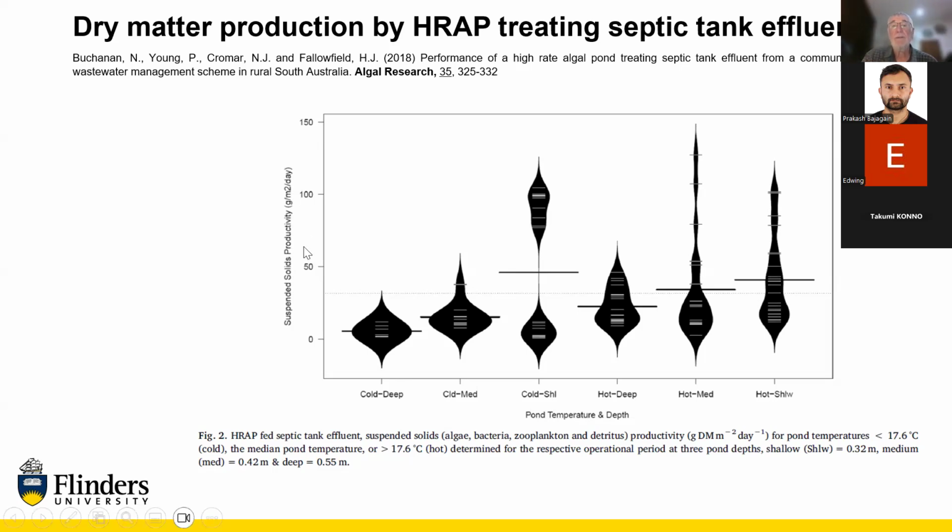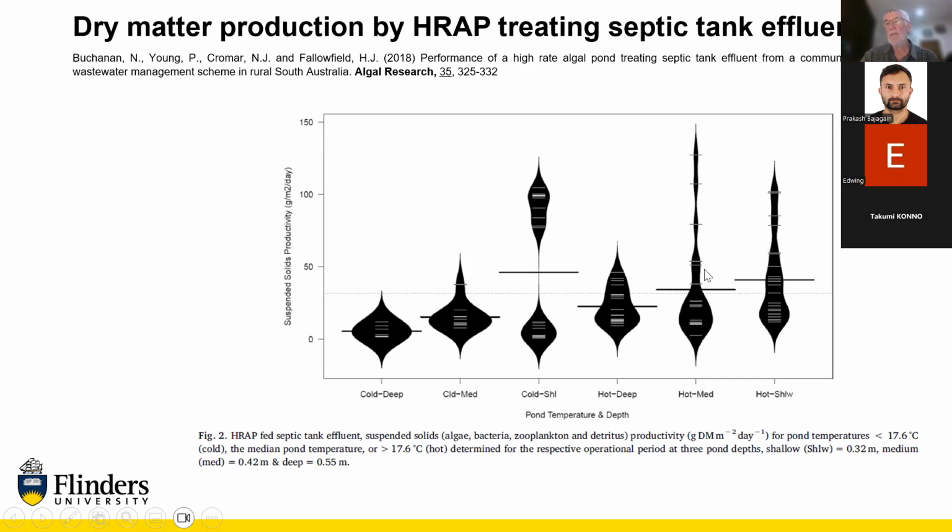So the solids, as you'd expect in the cooler period of time, the productivity is relatively low. But we're talking here about 0 to 50 grams per meter squared per day. Sometimes you get very high productivities, maybe an aberration, not quite sure why that happened, but it was consistent where we got a very high productivity for a very short period of time.